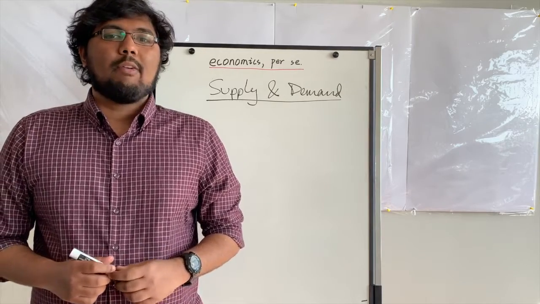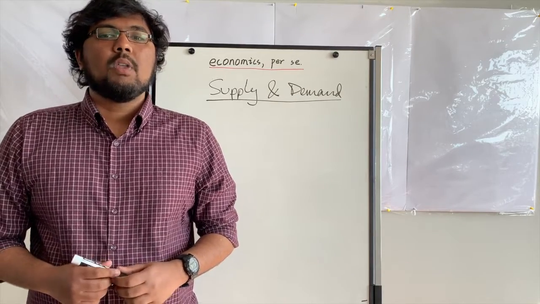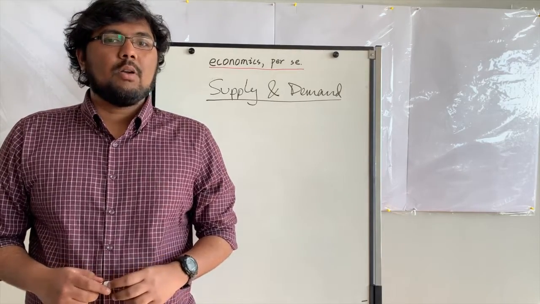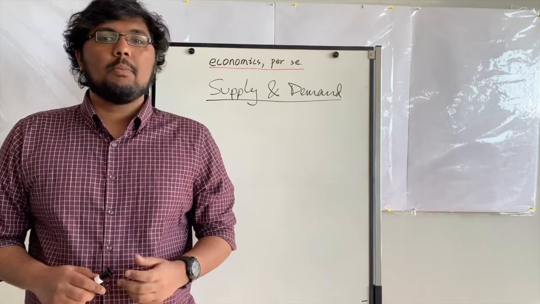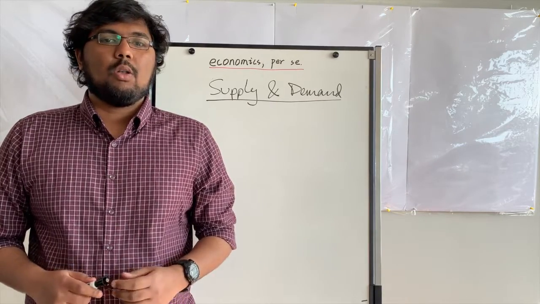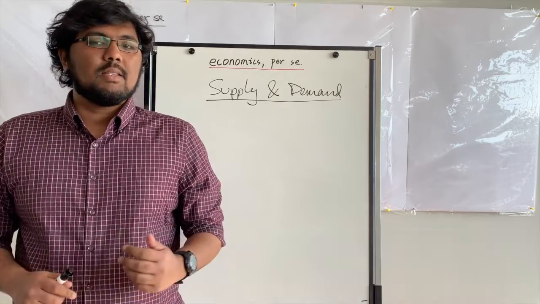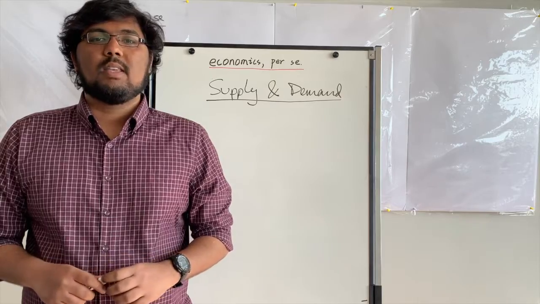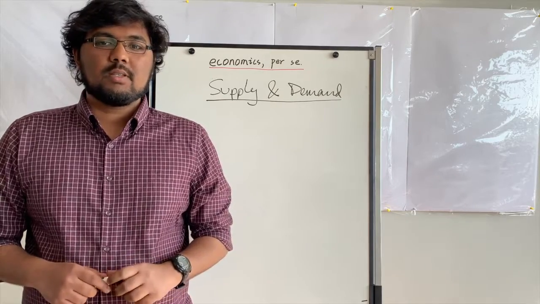So far, we have established that markets consist of buyers and sellers. And for this chapter of ours, we will only be focusing on a particular type of market, and that market is called competitive market. In this type of market, there are many buyers and sellers of the same good or the same service.